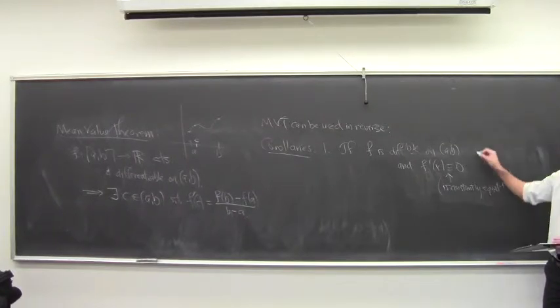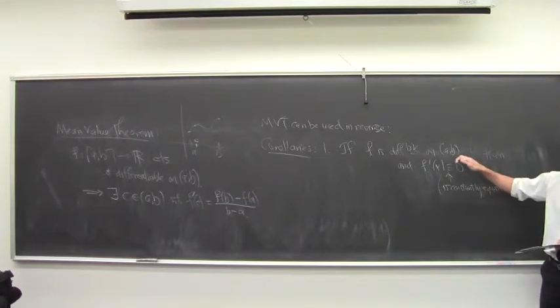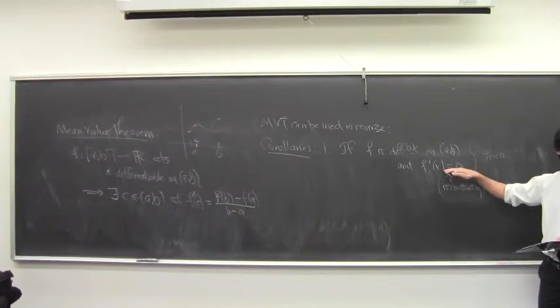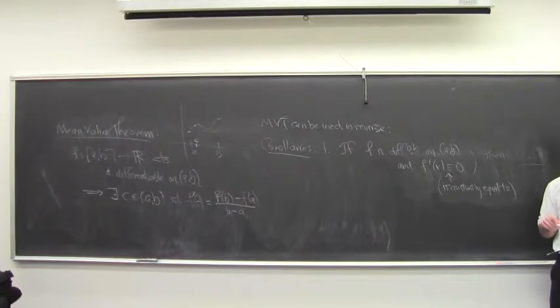So if the function is differentiable and f prime of x is constantly equal to 0, then what does that tell you about your function? Can somebody tell me what the conclusion will be? Think about it for half a minute and see if you can tell me.